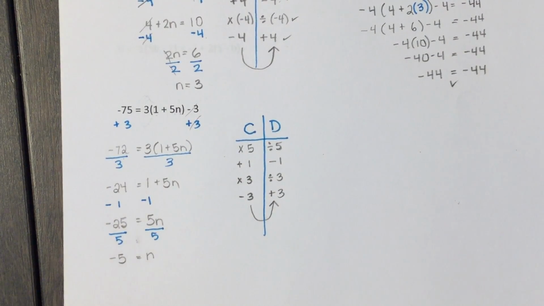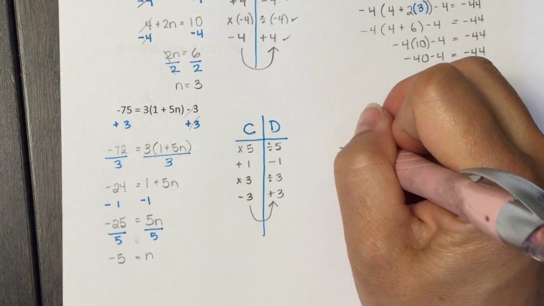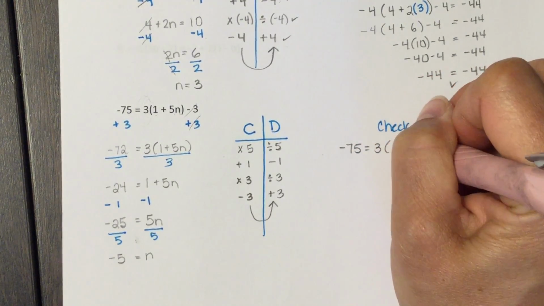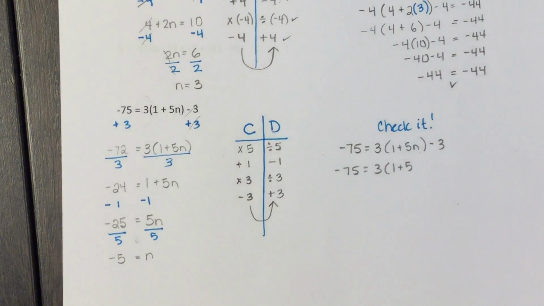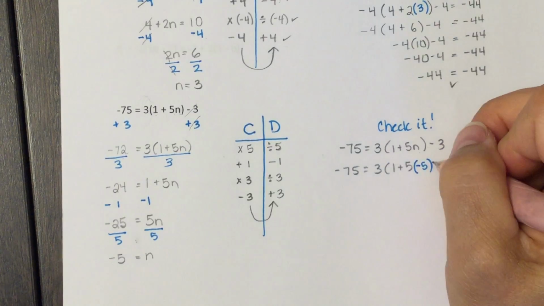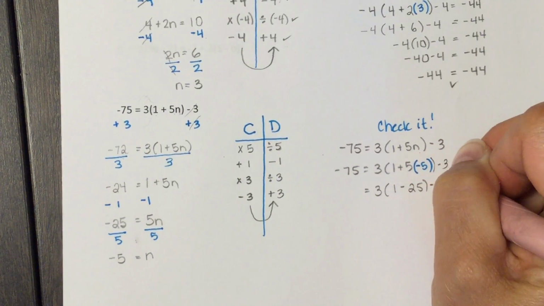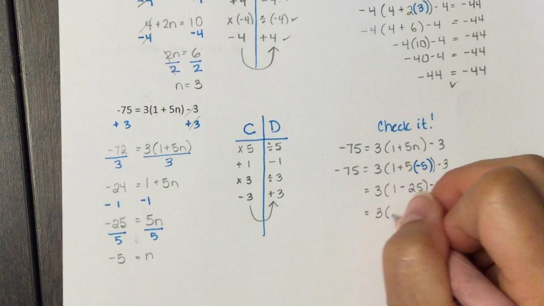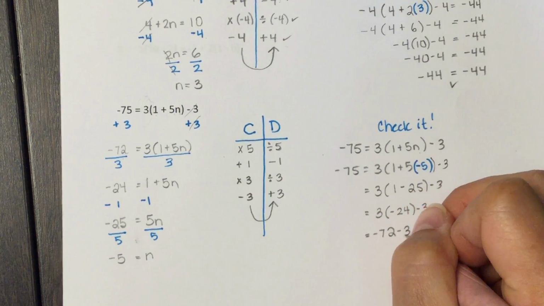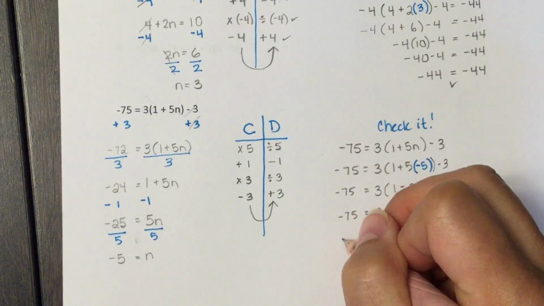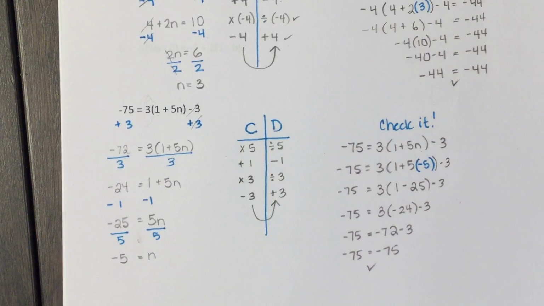So I got n equals 5, and when I go to check it, right on, minus 75 equals minus 75.